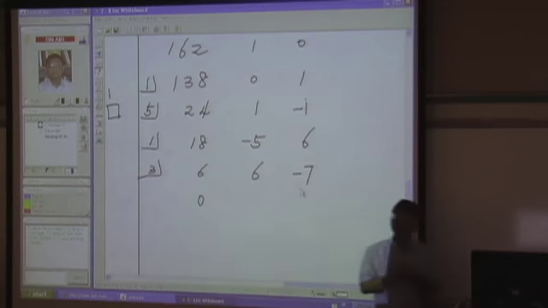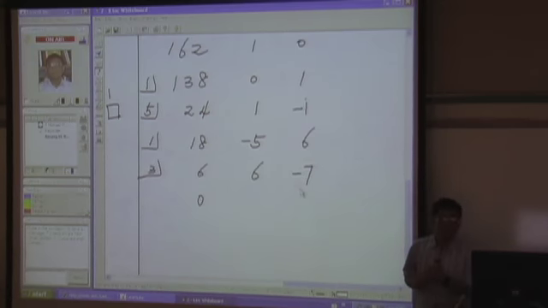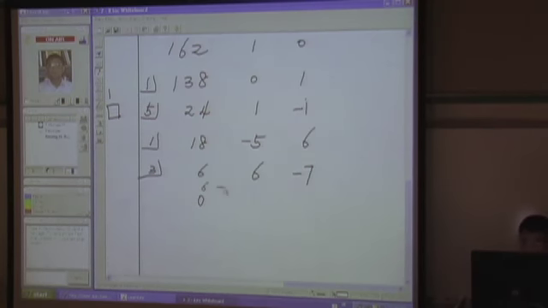Which numbers go in the box? 6 and negative 7. Why? Because if you use the full expression, then the full expression is this: 6 equals 162 multiplied by 6 plus 138 multiplied by negative 7, right?